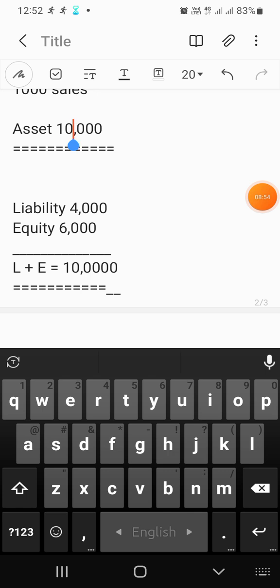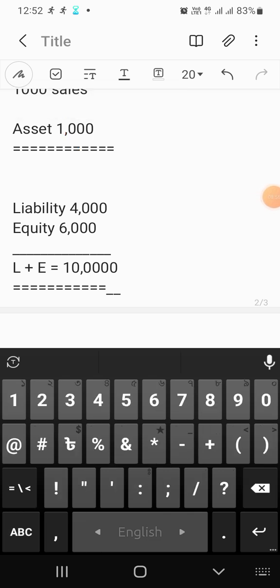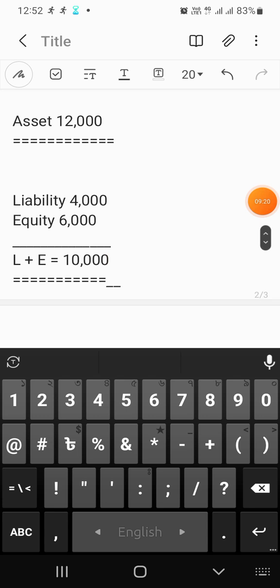And that means in the pro forma balance sheet, the estimated balance sheet in the next year, your asset will be 12,000. Now the question is, if your asset is 12,000 but your liability and equity is 10,000, so you need 2,000 additional money, either to take a loan or to get from the equity portion, or else you cannot push your sales.